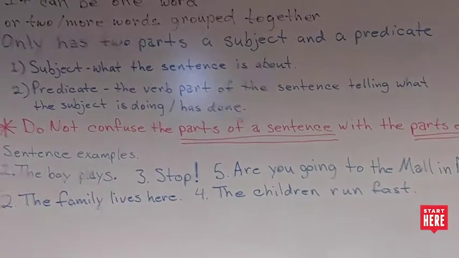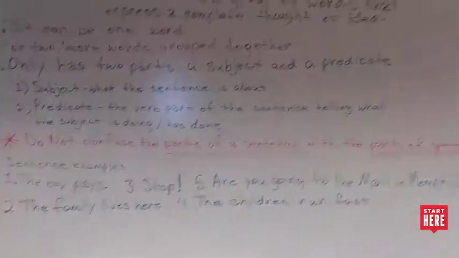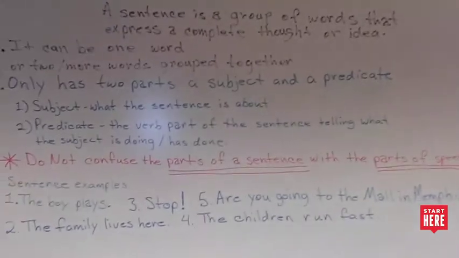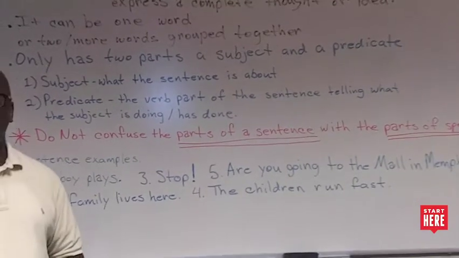A sentence only has two parts, a subject and a predicate. Subject, what the sentence is about. Predicate, the verb part of the sentence, telling what the subject is doing or has done.